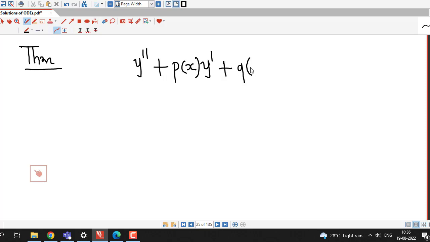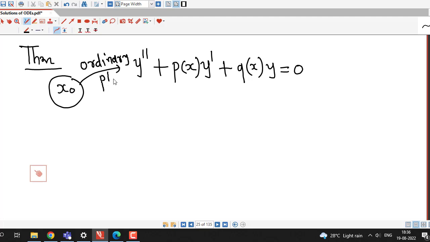Now what is the power series method? We have one result or theorem which says that suppose x0 is an ordinary point of this differential equation y double dash plus p(x) into y dash plus q(x) into y equal to 0. That means p(x) and q(x) are both analytic at x0.